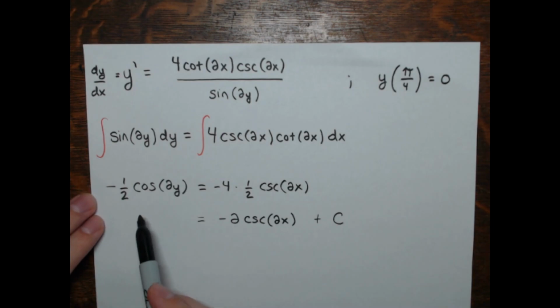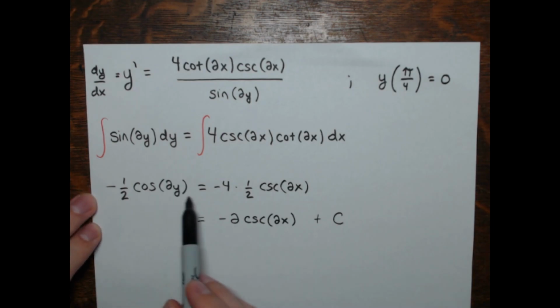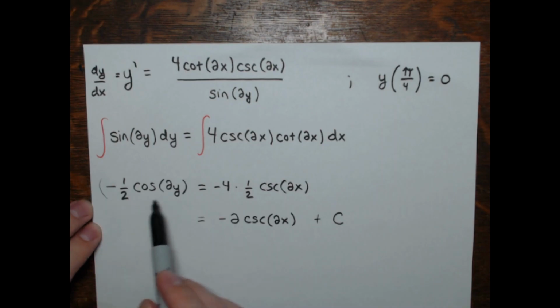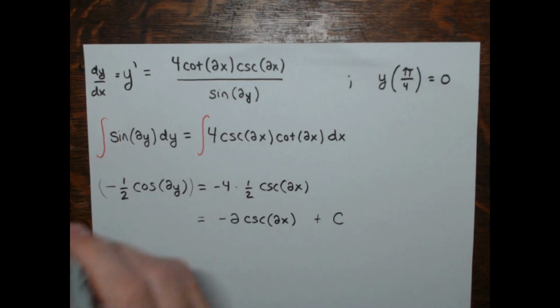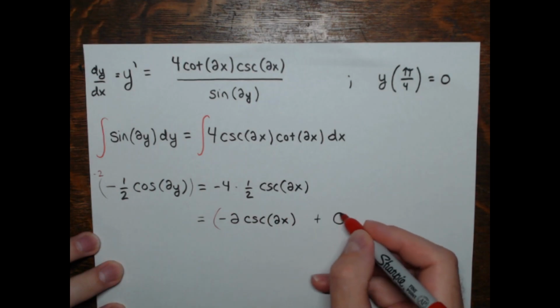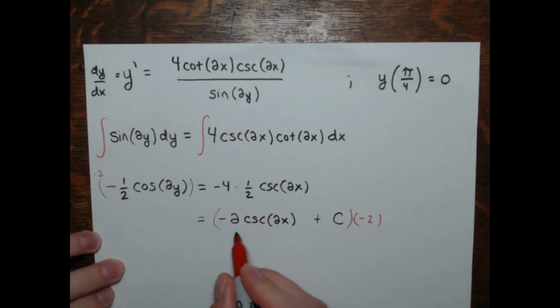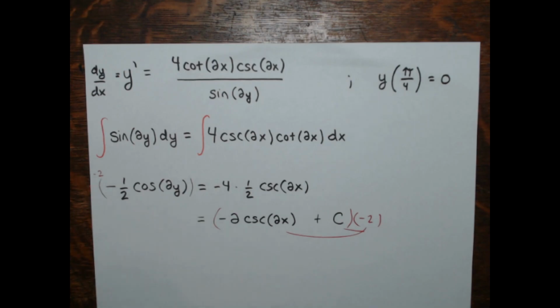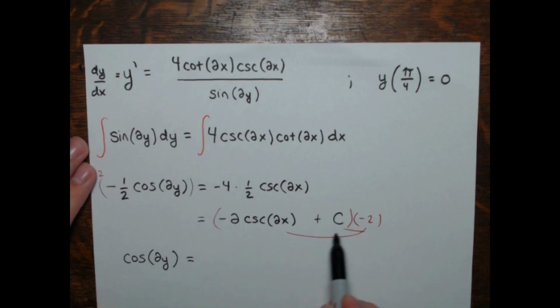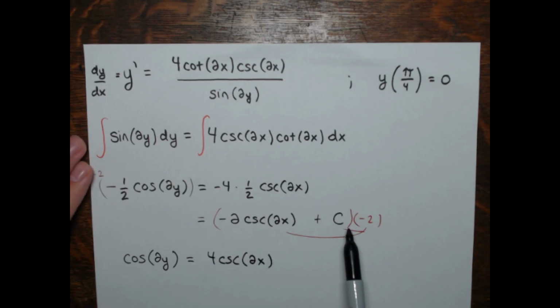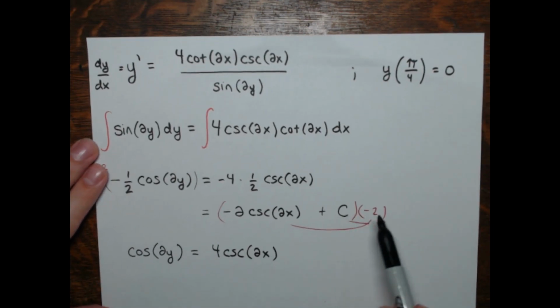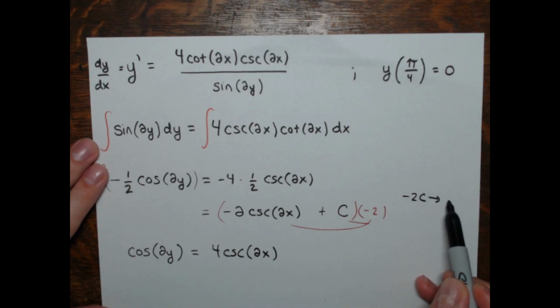Right, so what I'm going to do now is multiply both sides by negative 2. This side here by negative 2, and this side here by negative 2. And I'll just distribute the negative 2. So the left side is just going to be cosine of 2y equals, and then negative 2 times negative 2, positive 4 times the cosecant of 2x. I've been doing this a bunch in this video. Negative 2 times c is negative 2c, but that's just another constant.